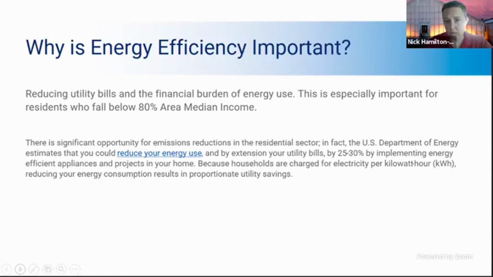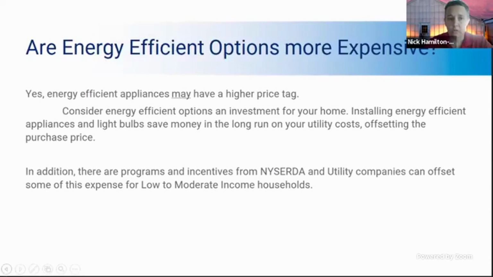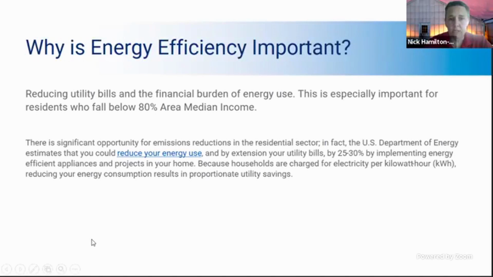In fact, the US Department of Energy estimates that you can reduce your energy use, and by extension your utility bills, by up to 25 or 30% by implementing energy efficient appliances and projects within your home. Because households are charged for electricity use by kilowatt hours, reducing energy consumption directly results in utility savings.